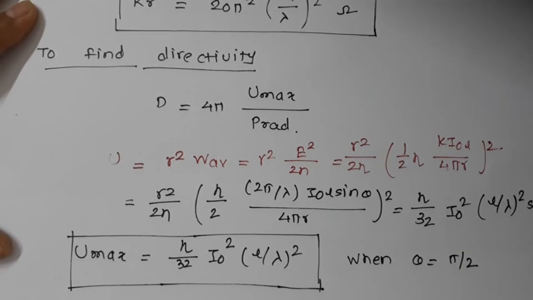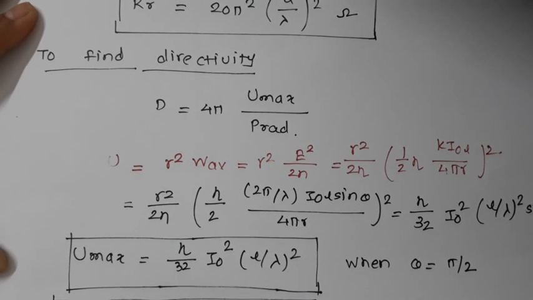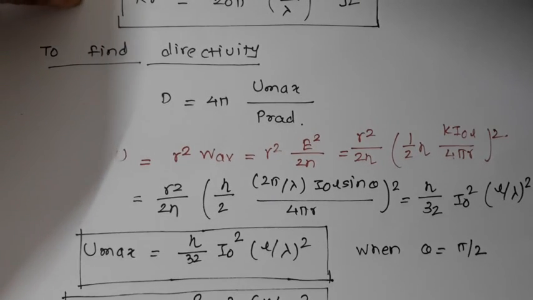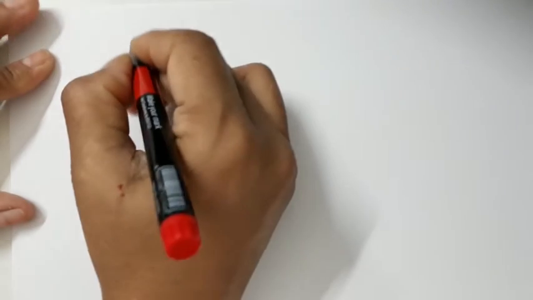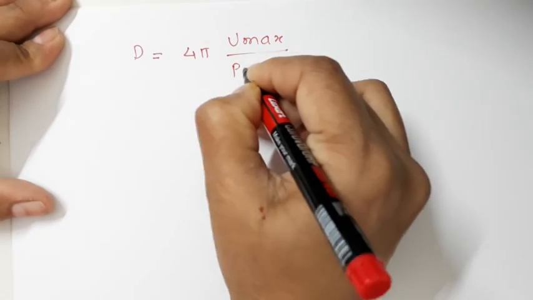Now let us talk about the radiated power, as we are calculating the directivity for it. P radiated is equal to 10π squared I0 squared (L by λ) squared. So to find the directivity, D is equal to 4π U max by P radiated.